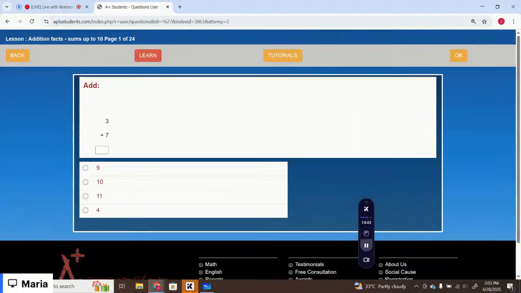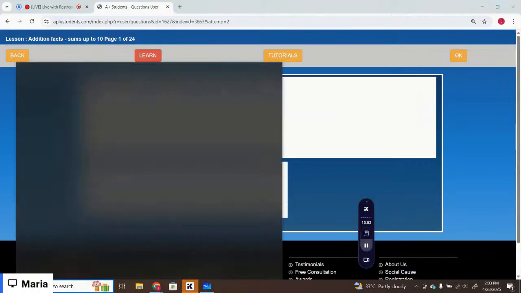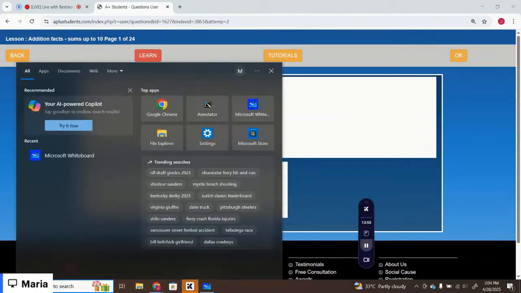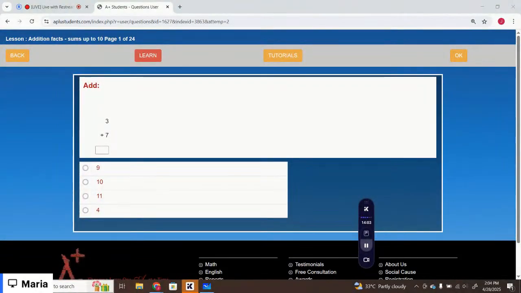Okay, let's start with the test questions. The first one is 3 plus 7. So basically, we are going to learn how to add. Adding means counting things together, right? 7 is the greater number.